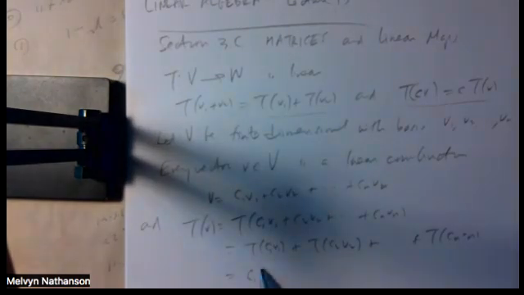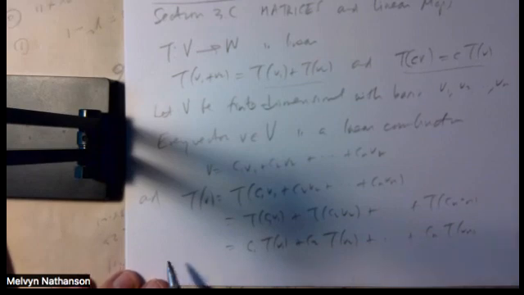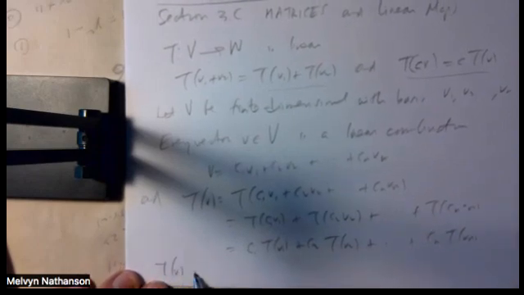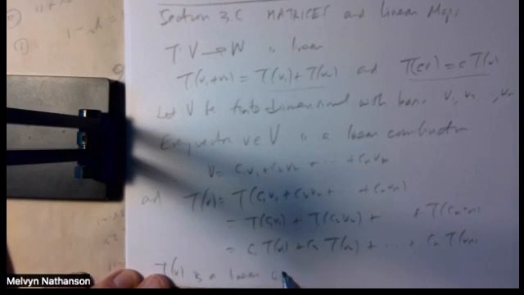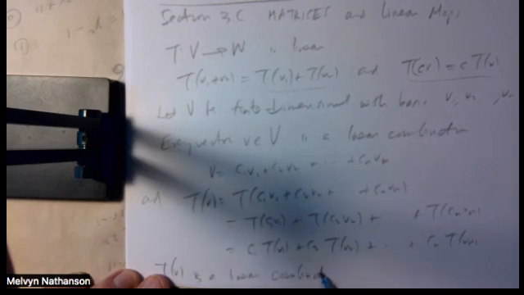And using the scalar multiplication property, I can take the scalars outside: C1 T of V1 plus C2 T of V2 up to Cn T of Vn. So T of V is the linear combination of the vectors T of V1, T of V2 up to T of Vn.